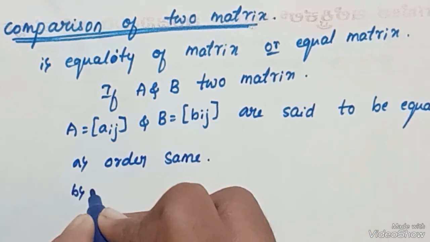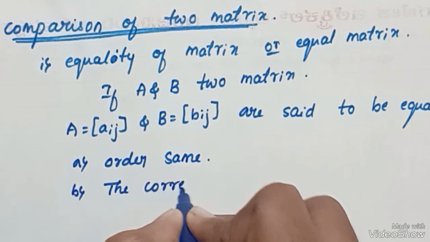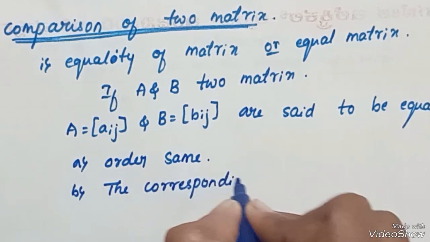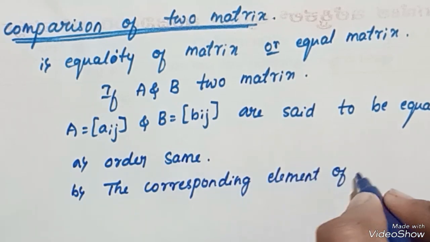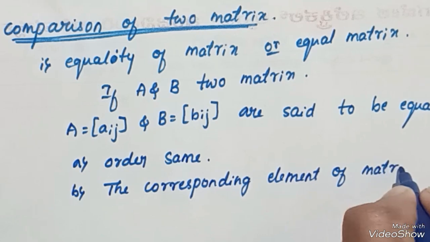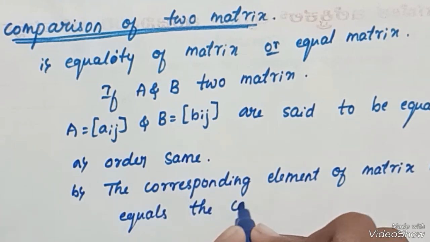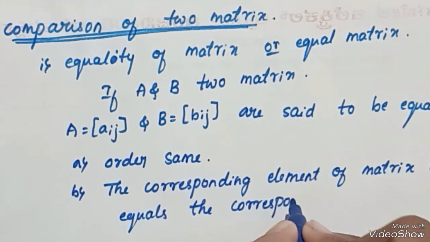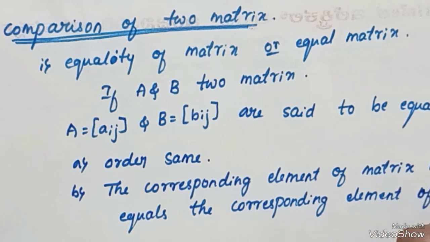Then the corresponding elements of matrix A should equal the corresponding elements of matrix B. Both should be equal.